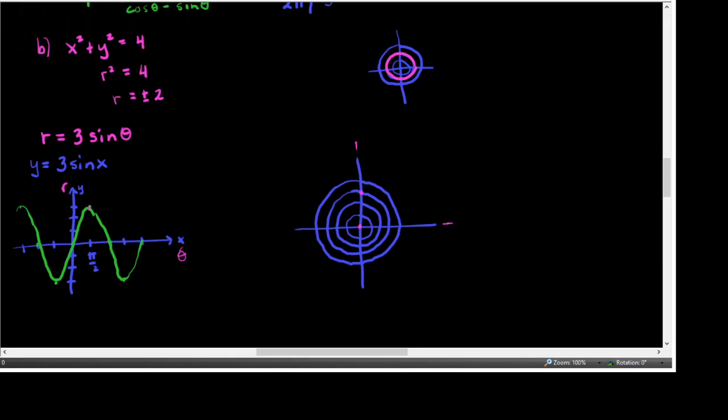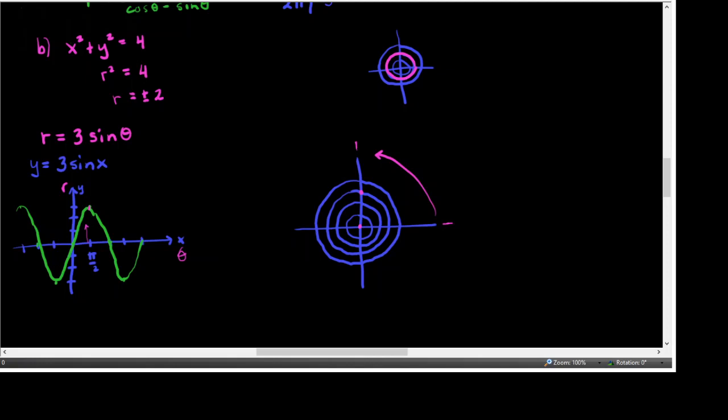Now the important thing is the infinite number of points between those need to be graphed. So as the angle changes from 0 to pi over 2, as we go through all of those angles, the radius values, the x and the y values over here, are growing.